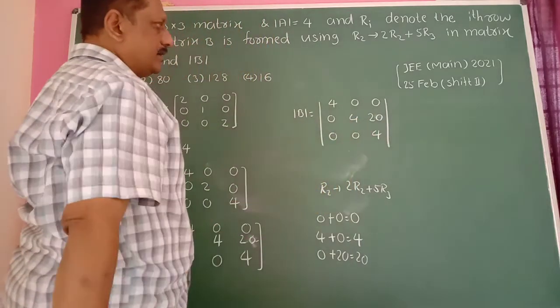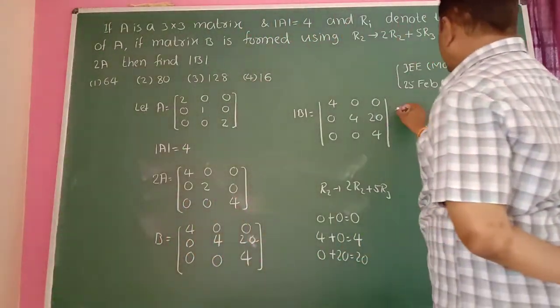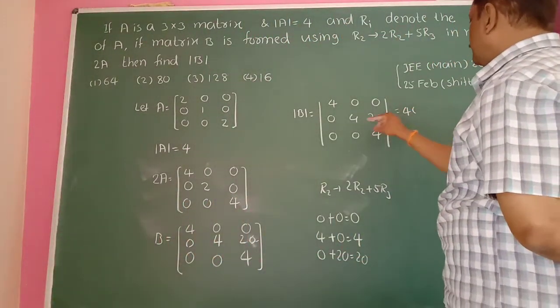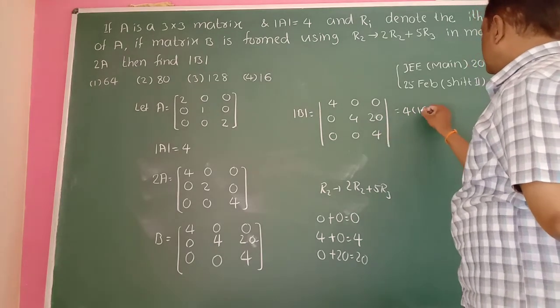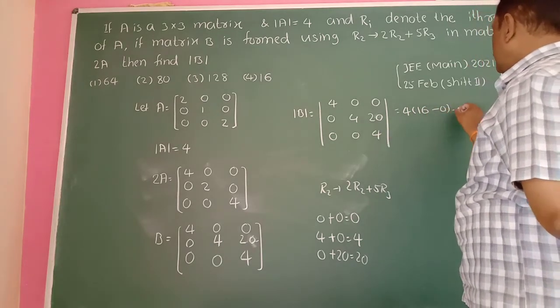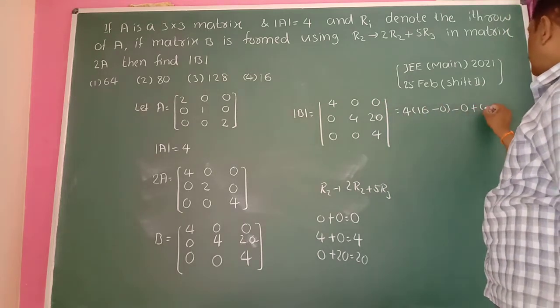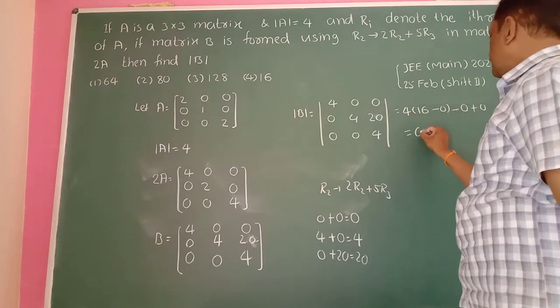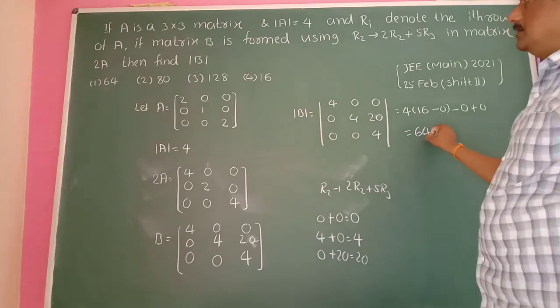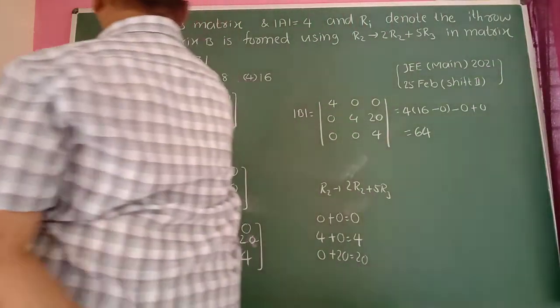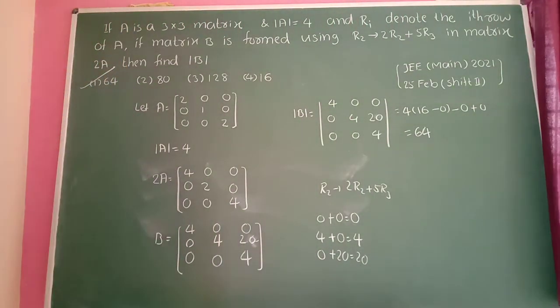Then expand it here. Therefore this is equal to 4 into 4 4s are 16 here, minus of 0. Then 0 into any term is 0. 16 4s are 64 here. Therefore first option is correct here. 64 is the correct option here.